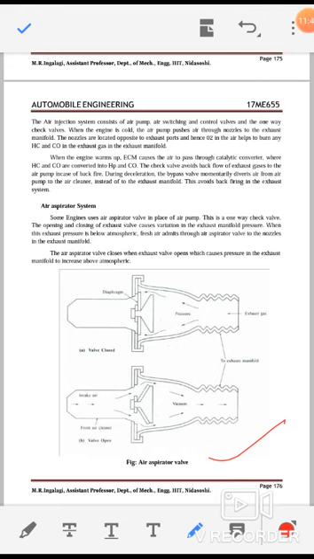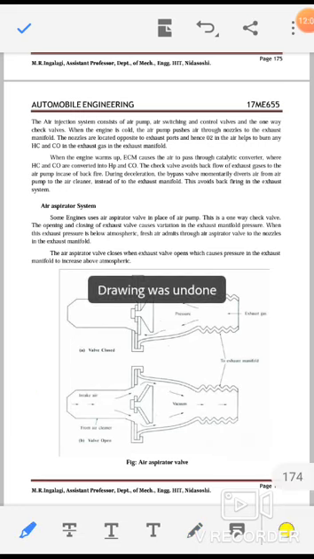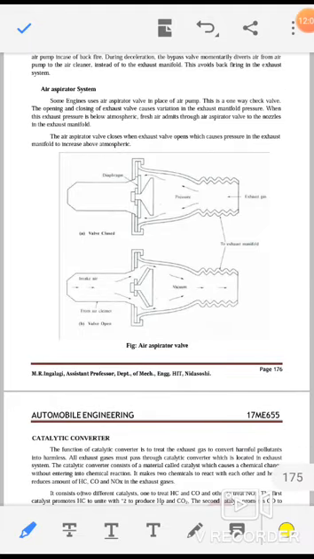The air aspirator valve closes when the exhaust valve opens, which causes pressure in the exhaust manifold to increase above atmospheric pressure. So the air aspirator valve is used to decrease the exhaust of these pollutants into the atmosphere.